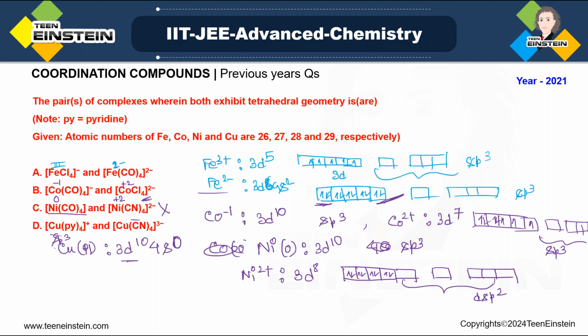And for the next complex also, copper is having +1 oxidation state, 3 negative outside. That means again copper 3d10. Here also sp3. So except nickel cyano complex, all the complexes are tetrahedral. But look at the question, it is asking you to choose those options where both are exhibiting tetrahedral. Now C is not both exhibiting tetrahedral, so ABD will be correct option.